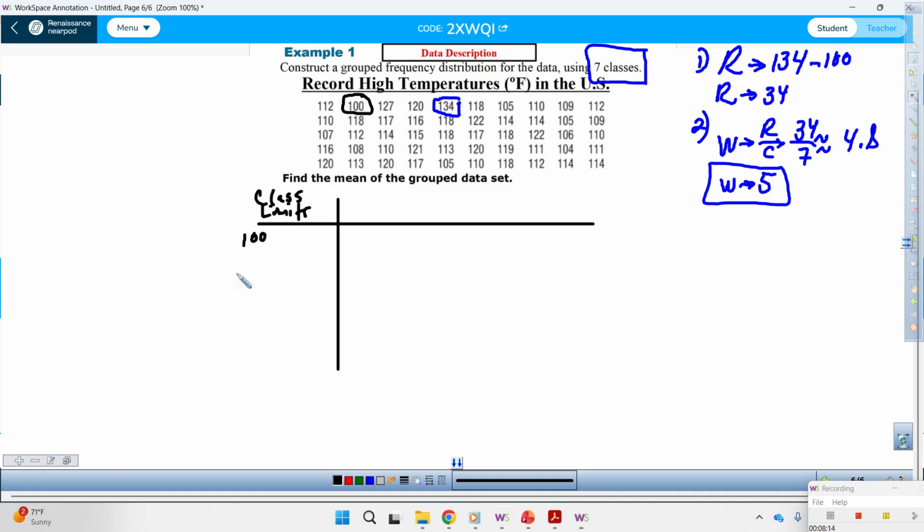Okay. Give me the beginning of the next class. 105. How about the next one, everyone? 110, and so on and so forth, because the width is what? 5. That is correct. 115, 120, 125, 130. And I stop there because it's only 7 classes.